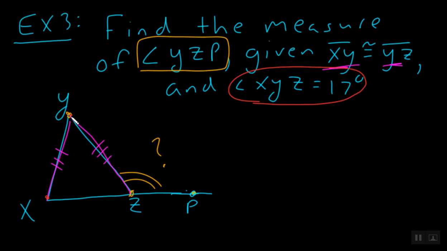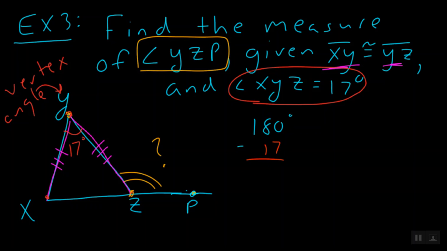So let's see, here's X, here's Y, here's Z. So we are saying that, hey, this is going to be 17 degrees. Now also remember that this is going to be our special vertex angle, and it's so key that you know that. That's where our 2 congruent sides meet. Okay, in order to start this problem, we first have to find one of our base angles. So how will we do that? Well, we know that all 3 angles of a triangle always add up to 180, and we are going to subtract off this one vertex angle that we know.